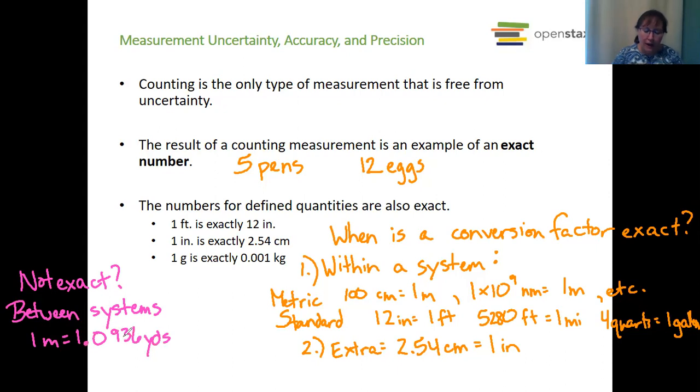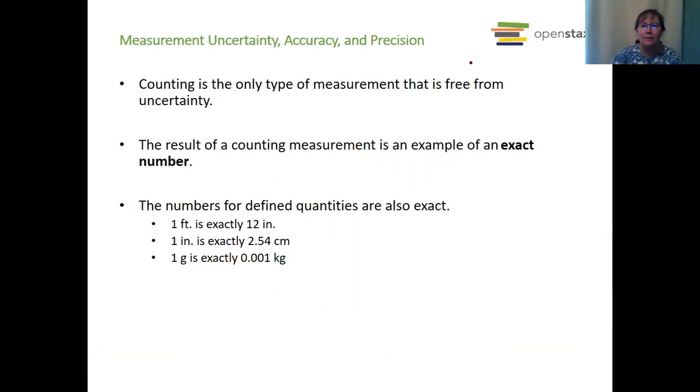Or that 1 pound is equal to 453.59 grams. Okay, so these are examples where they're not exact and they will have significant figures. And we'll get to that in a minute.